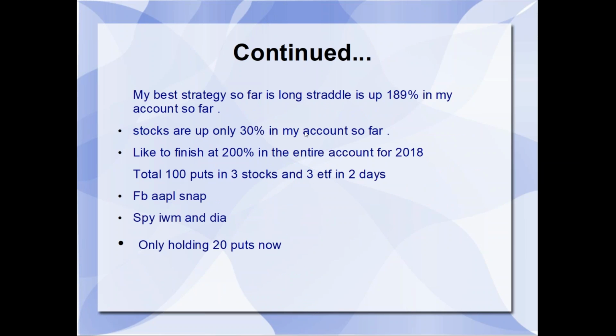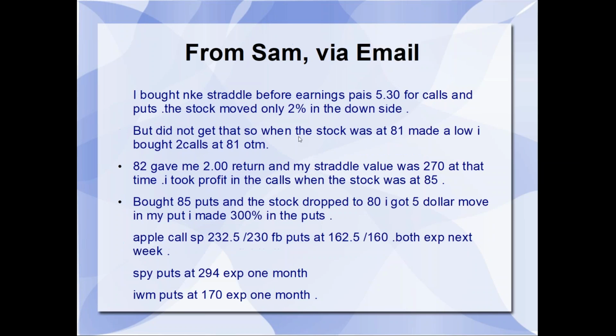Sam says he does straddles, and he does do straddles, but Sam is an active straddle trader, and you just saw that, which means he doesn't just buy the call and the put and leave it and hope for a movement. Okay, he's moving with the stock. He's watching it more constantly. So when he bought the 81 calls, they started to move up after the stock was down below 80.